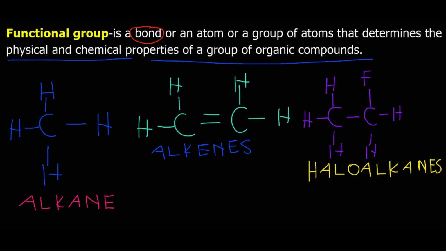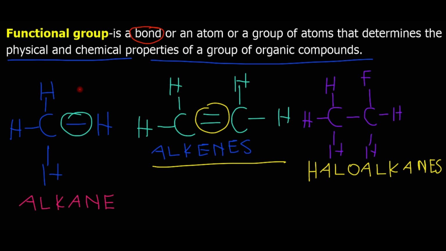Looking at this first compound, it is an alkane because it has a single bond here. We have carbon, hydrogens, and only a single bond. But looking at this one, it has a double bond. For the reason that this one has a double bond, it now belongs in the group called the alkenes.